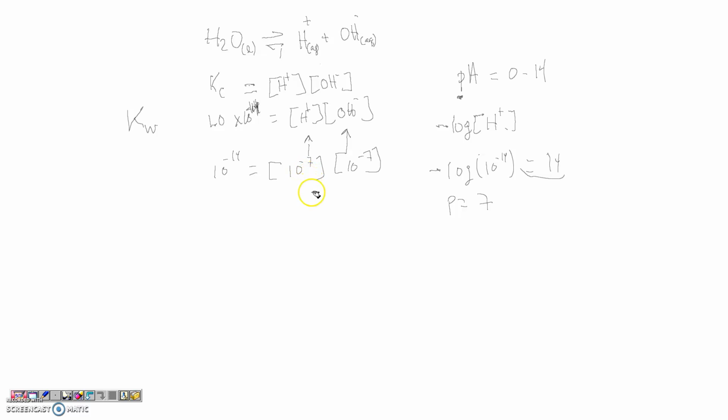Now, one thing to keep in mind with the pH scale, as my acidity goes up, well, as my concentration of H plus goes up, say 10 to the minus 4, the pH of that would be 4. So my number would go down on the pH scale, but in reality, I'm actually increasing the H plus. But if it's 10 to the minus 4 for H plus, my OH minus concentration is 10 to the minus 10.